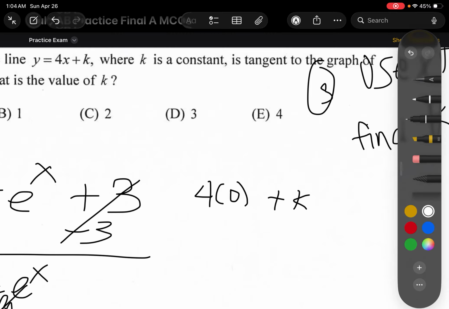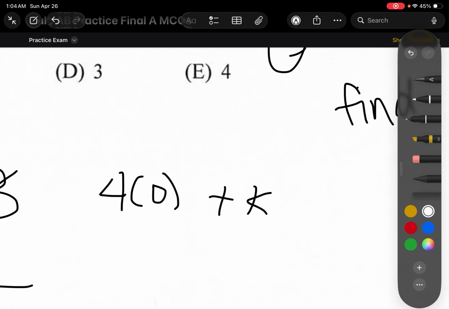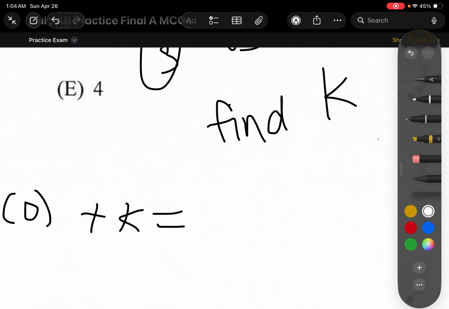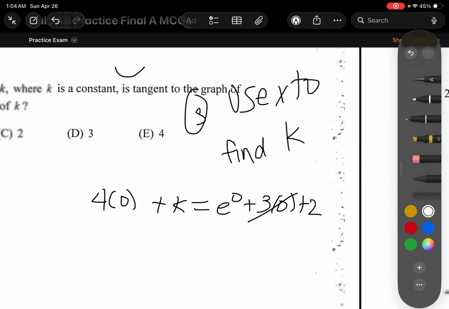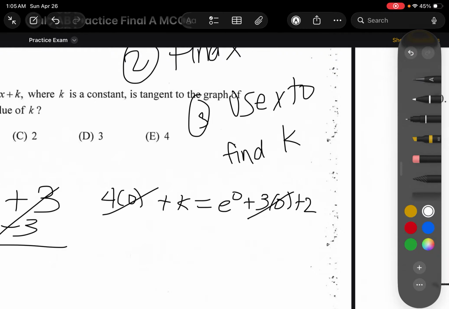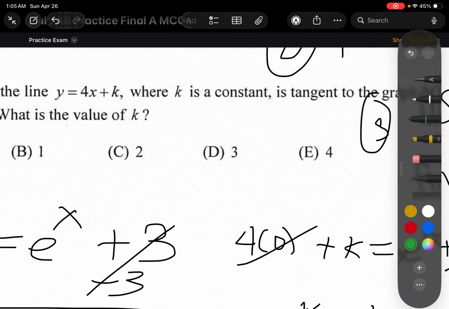So now we're going to plug in 0. And our answer is going to be D.